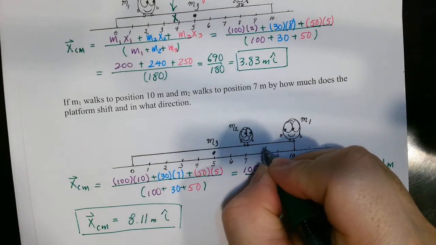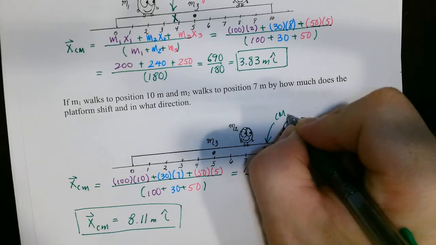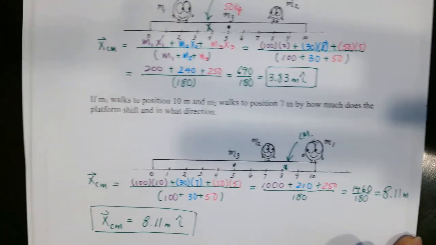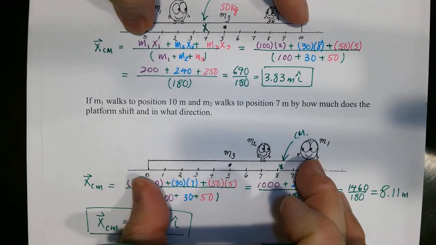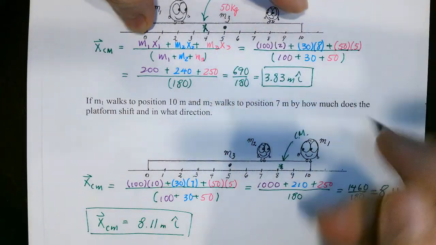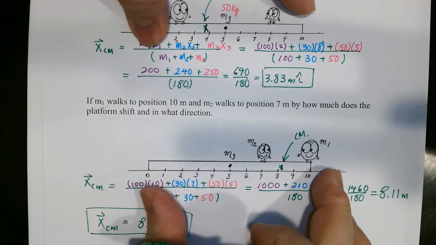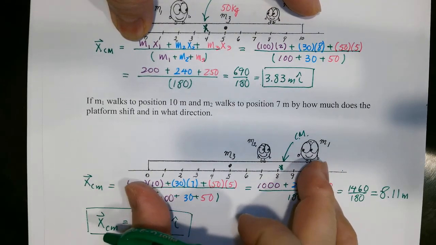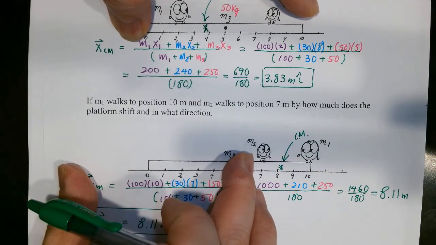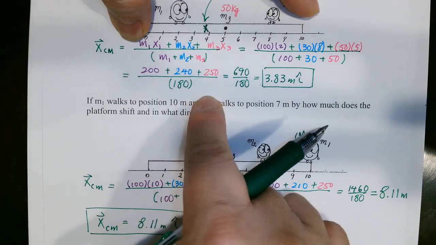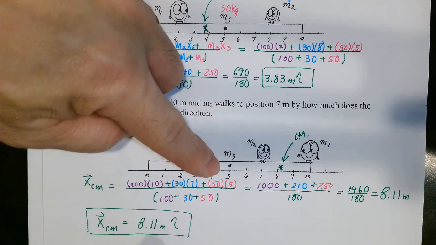So it's going to be somewhere here. This is the center of mass. If I were to line these up, this center of mass point and this center of mass point should line up, because the center of mass of the system will not change because there were no external forces. So this whole thing has to shift over this much, so that this center of mass and this center of mass line up right here.